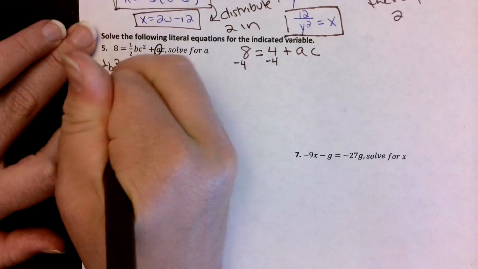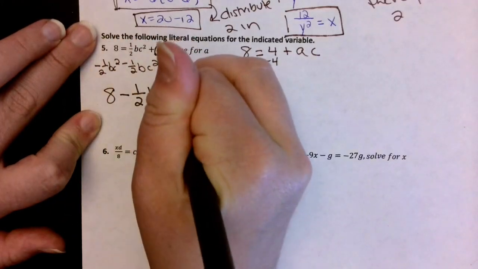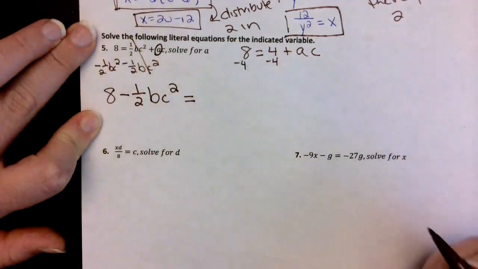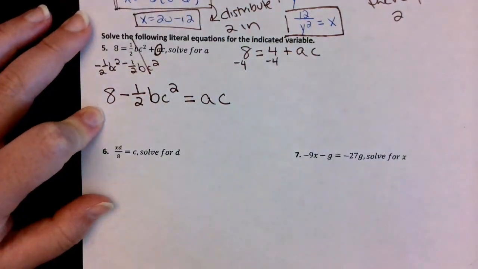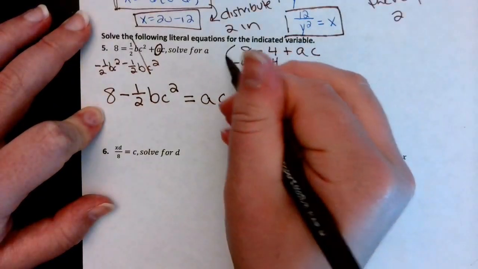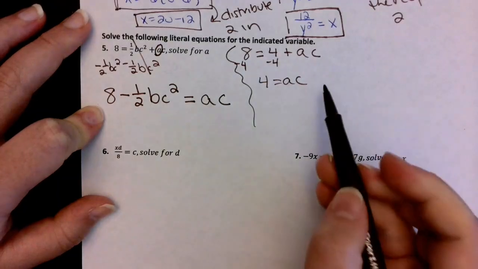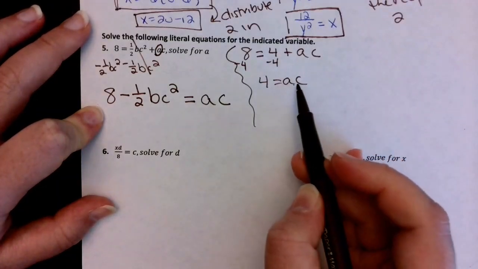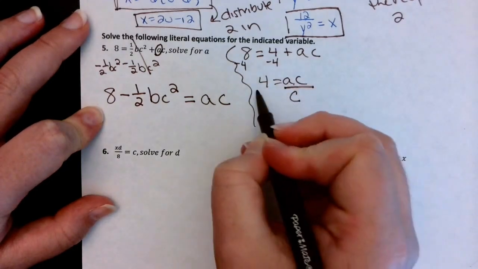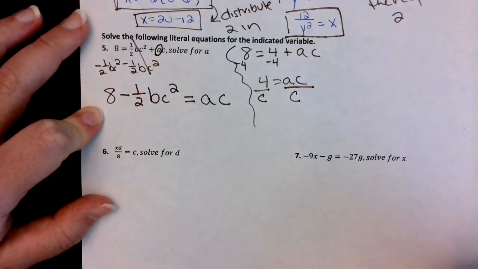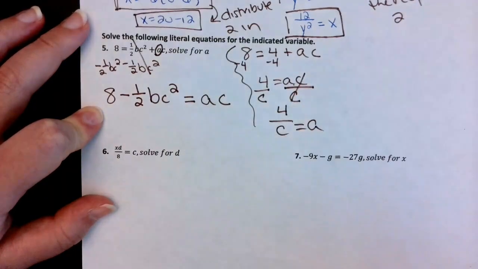And now it'll say 8 minus 1/2 bc squared equals, they canceled on the right, ac. Alright, so let's just keep going with the one over here that says 4 equals ac. I want to get a by itself. A times c. To get rid of that c, I need to divide, since division is the opposite of multiplication. And that would have been my answer.